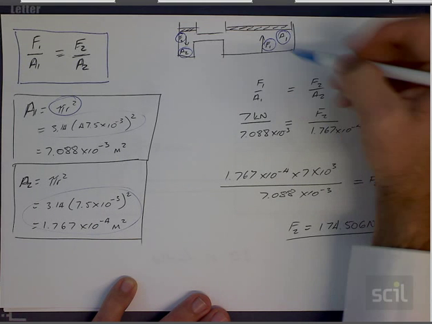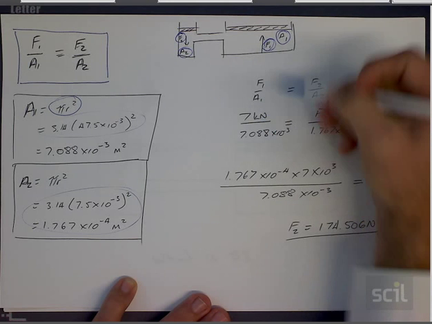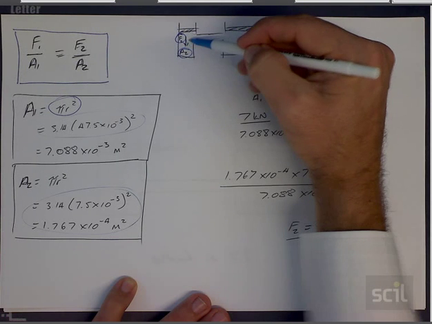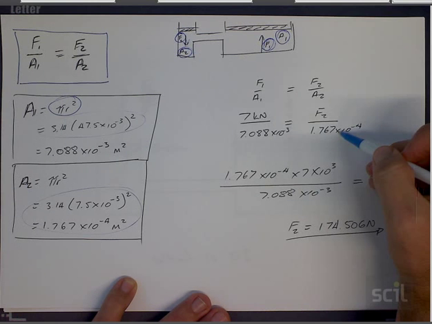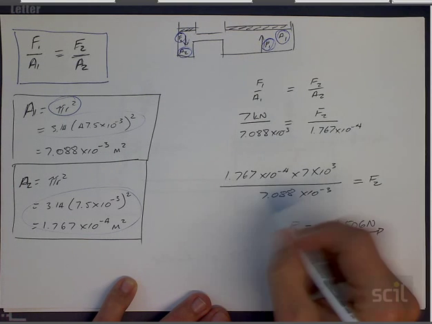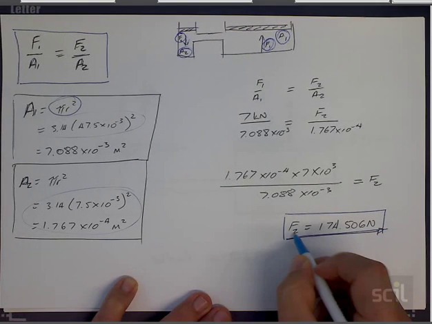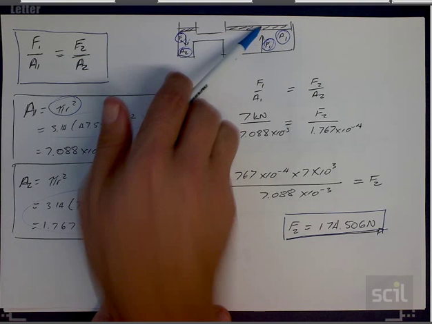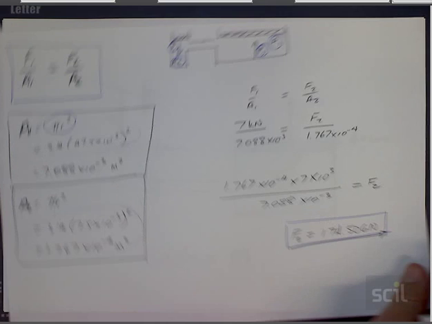So in this equation, force 1 being the 7 kilonewtons you know, over the area 1 equals force 2, which is the downward force coming into the piston, over area 2, which is the area of the first piston. And if you work that out, you ultimately get to this answer over here, that force 2, the required force to get 7 kilonewtons coming out, is 174.5 newtons. So that's the hydraulic section of the question.